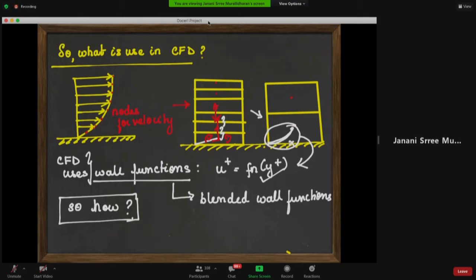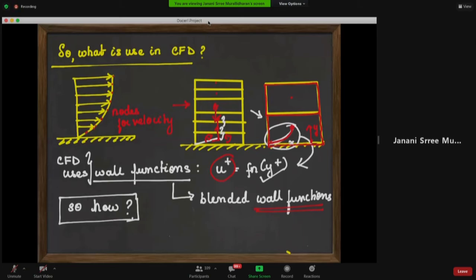So a large number of us use what is called a larger mesh. Okay. And what we do here is we use something called the wall function, meaning an empirical formula, if you might say, which will give you, at a particular distance y, whatever your first cell distance is, the velocity at that distance.